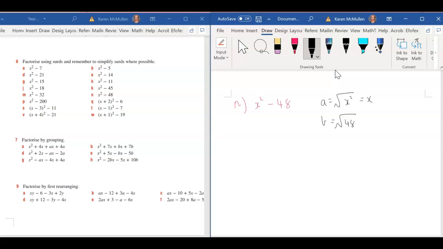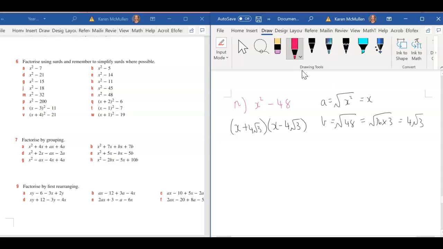All right, so 48 is not a perfect square, so you've got to think of the highest square number that goes into 48. All right, does 16? Yes. So it's going to be 16 times 3, which becomes 4 root 3. So when we factorize it, it's going to be x plus 4 root 3, x minus 4 root 3.